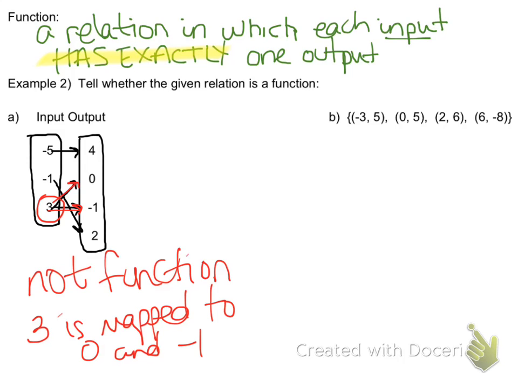If we look at the second set of ordered pairs, we see -3 is mapped to only 5, 0 is mapped to only 5, 2 is mapped to only 6, and 6 is mapped to only -8. So it doesn't matter that my y-coordinates repeat. If my x-coordinates have only one output value each, then it is a function.